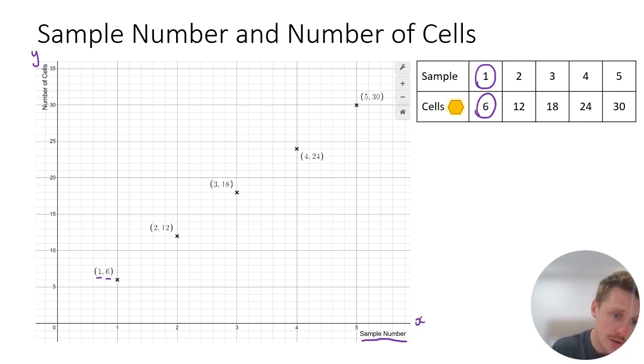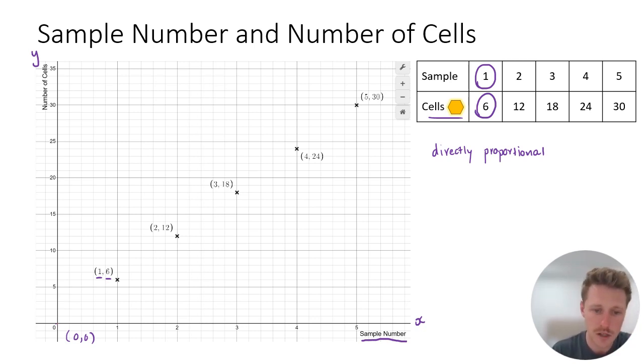So one thing you might notice is that it actually goes to the origin here at 0, 0. And when it does that, we call this directly proportional. Okay, because the number of cells varies directly with the sample number.